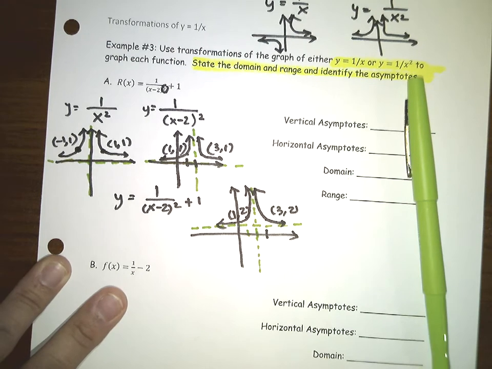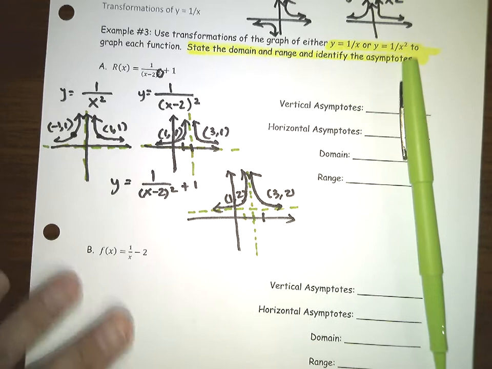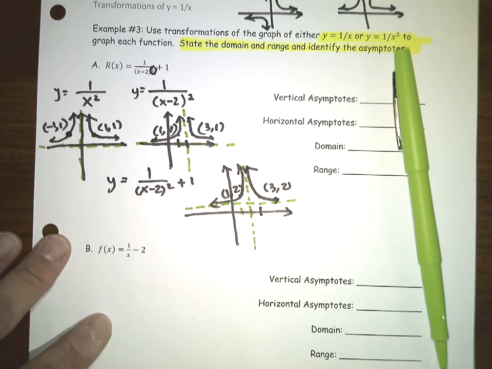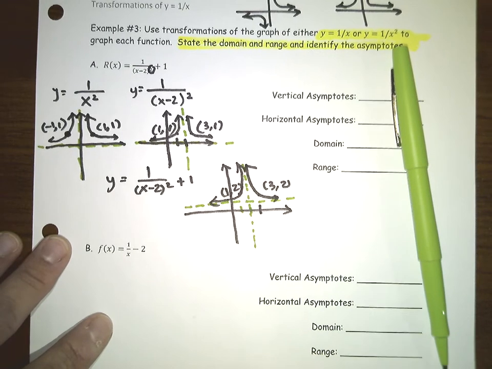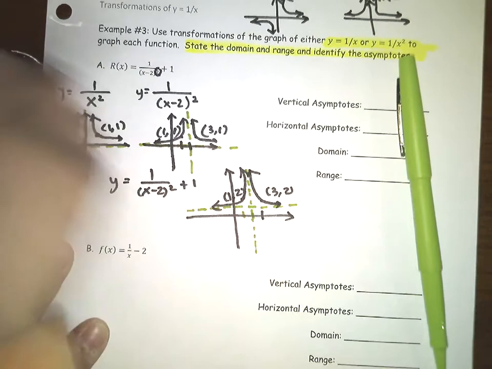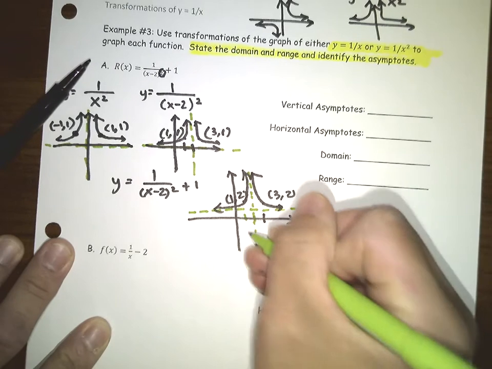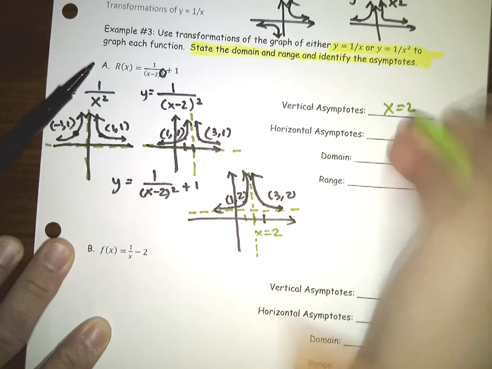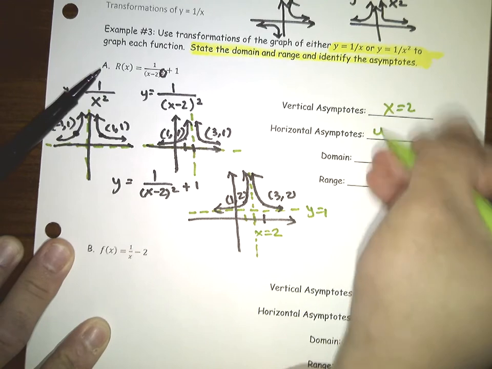All right, so hopefully that makes sense, that my main goal here was to get you to think about the shifting of the asymptotes as well. So the vertical asymptote, you can see here, is at x equals 2. The horizontal asymptote was at y equals 1.